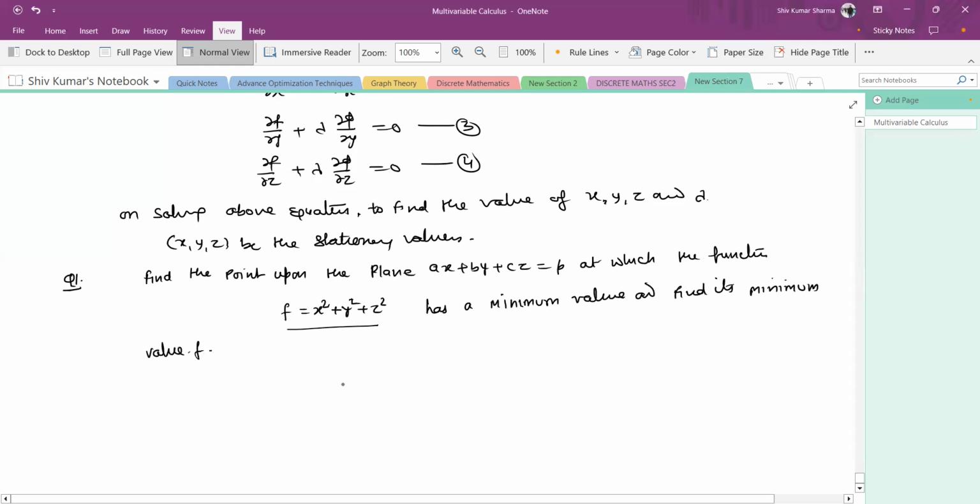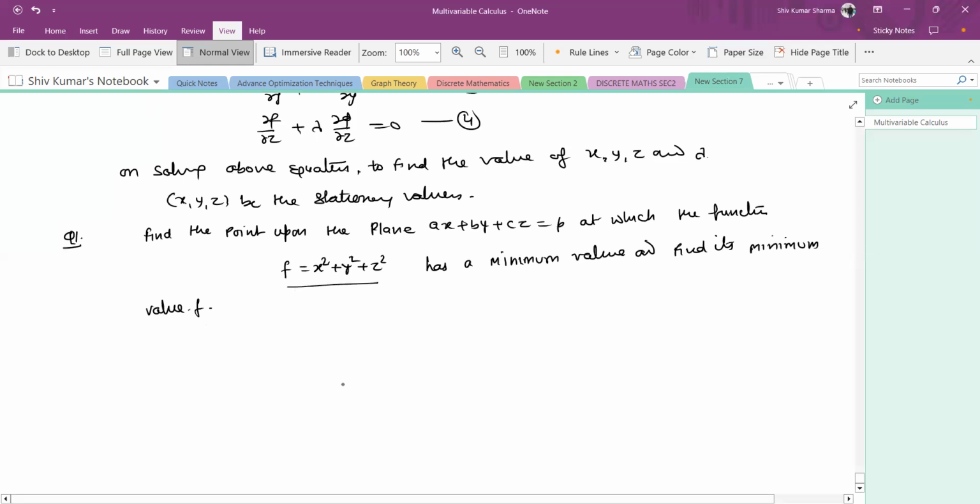Okay, so when we are going to find the minimum value of f, f is our first function, the primary function. So we can write down, given that f is equal to x square plus y square plus z square connected by the relation, so that means the plane is connected to this.